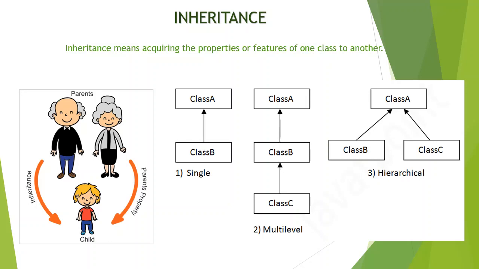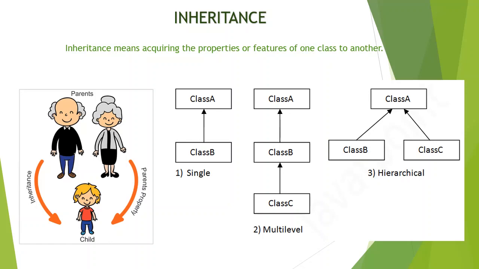The second one is multi-level inheritance. Here class A is the parent class, class B is the child class, and class B is acquiring the properties or features of class A. And class C is the child class of class B. For class C, class B is the parent.